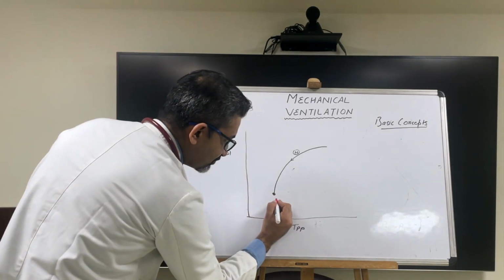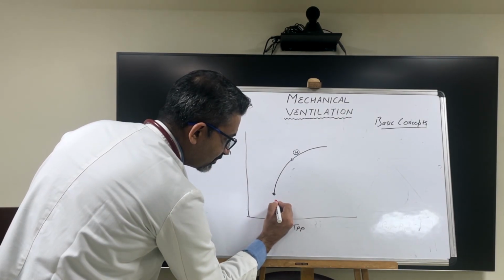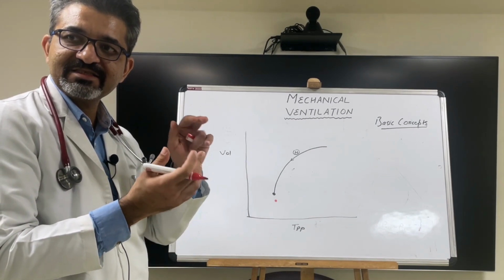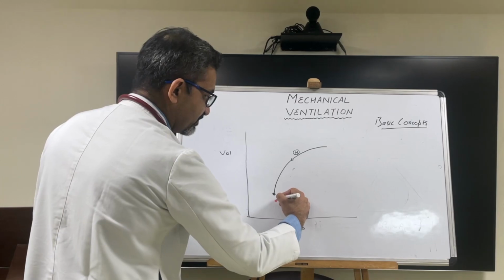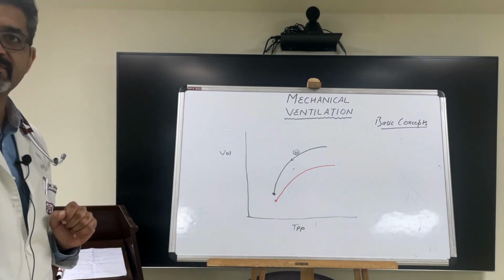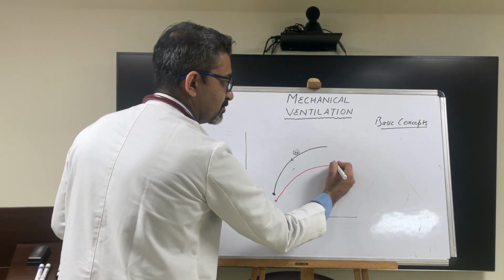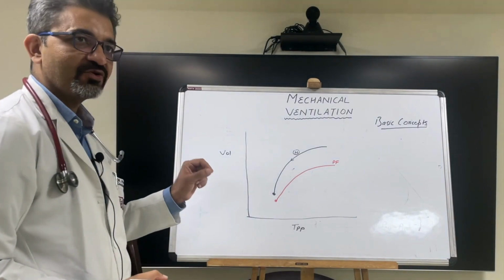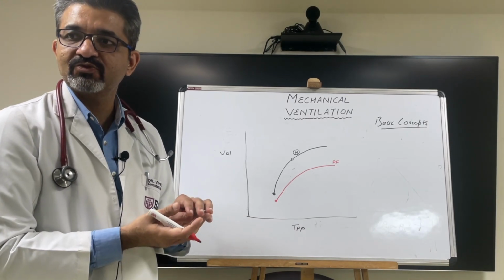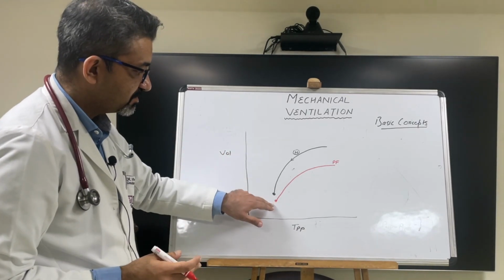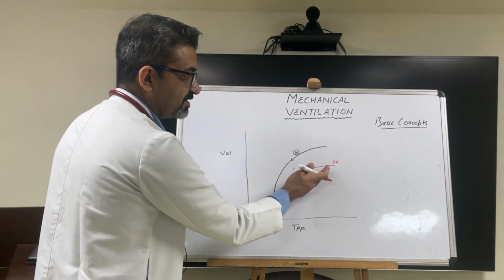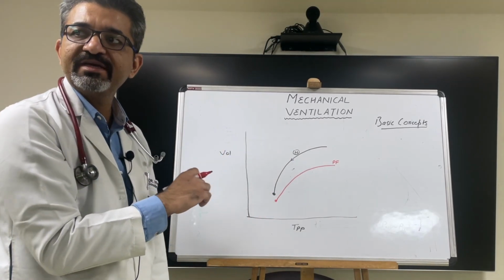So obviously the functional residual capacity will decrease, right? And as compliance is less, the slope of the graph will be less steep. So this is in pulmonary fibrosis. We all know that in a pulmonary fibrosis patient, respiration takes place at low lung volumes. Total lung volume is less, and this is the reason the functional residual capacity decreases and the graph is less steep. So it's a poorly compliant lung.